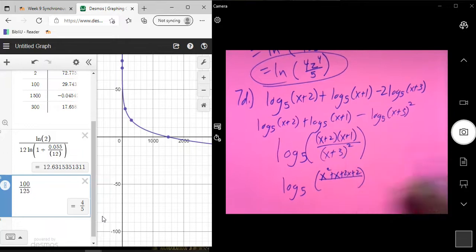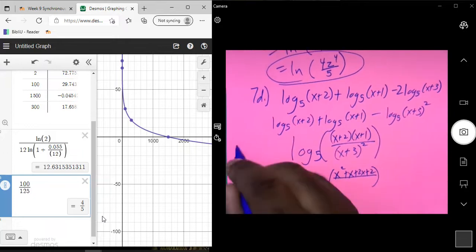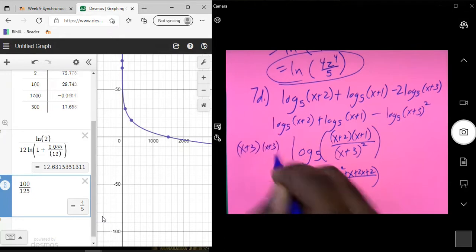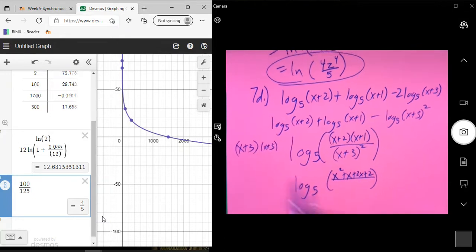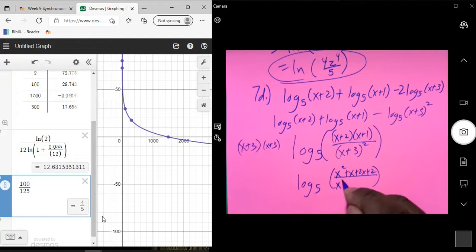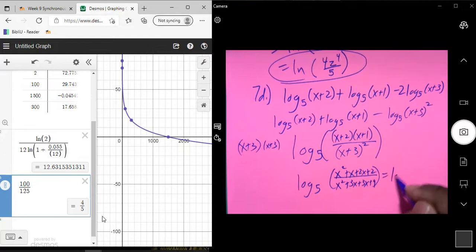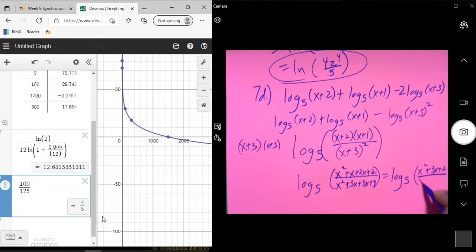Now this (x plus 3) squared, I'm going to go off to the side. And you have to do x plus 3 times x plus 3. So that would give us x squared plus 3x plus 3x plus 9. So now we have log base 5 of x squared plus 3x plus 2 all over x squared plus 6x plus 9.